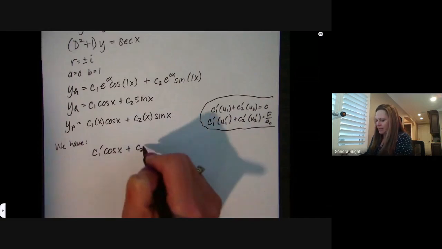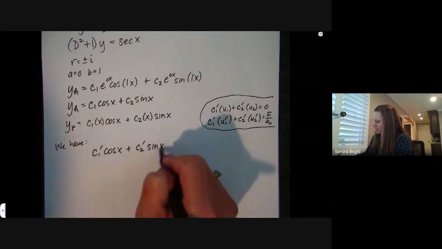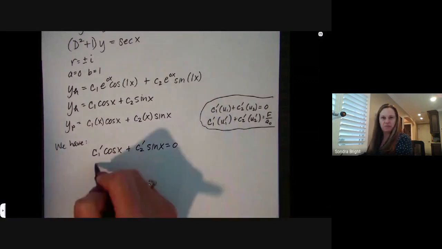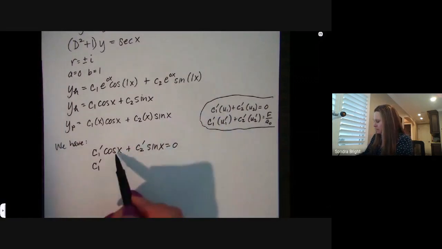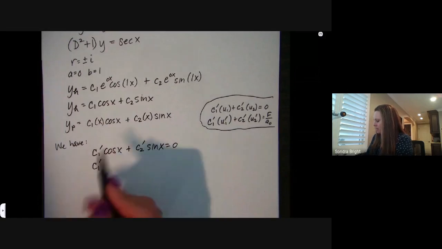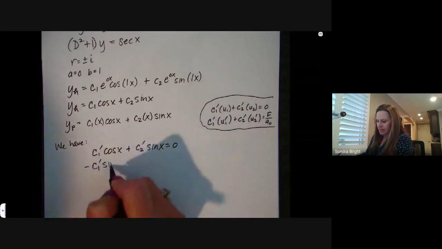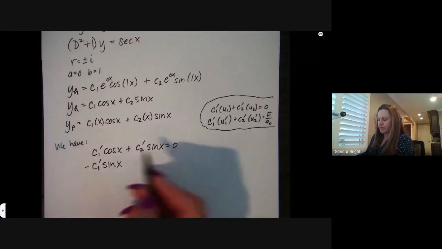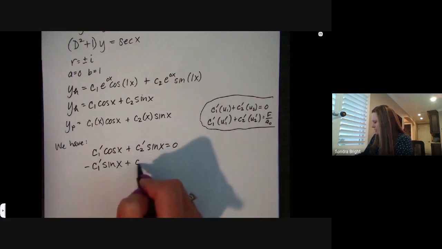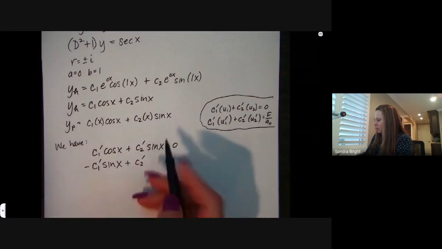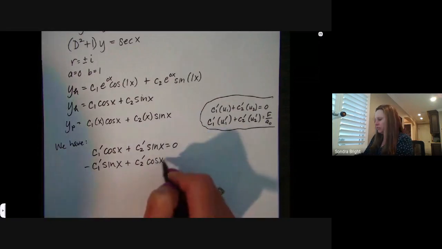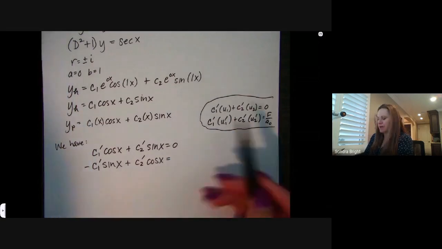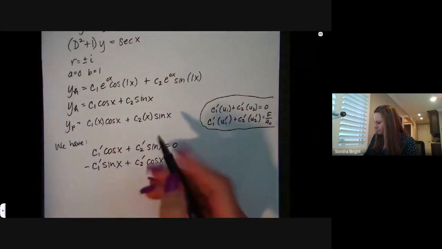The second equation is C1 prime times the derivative of cosine, which is negative sine of x, plus C2 prime times the derivative of sine, which is cosine. We set that equal to f divided by the leading coefficient. The leading coefficient is 1, so it's just equal to f, which is secant of x.